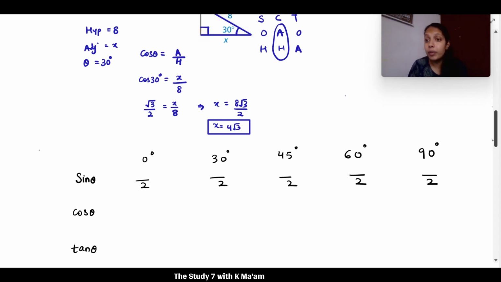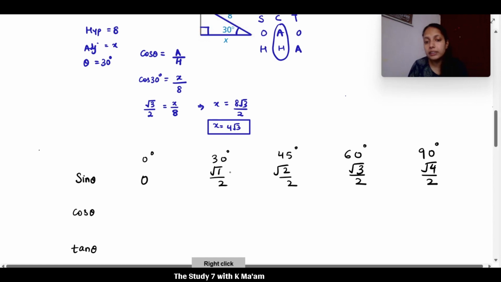And now in the numerator, take the square root of a number from 0. Square root 0, square root 1, square root 2, square root 3, square root 4. Square root 0 by 2 is 0. Square root 1 by 2 is 1 by 2. Square root 2 by 2 is as it is. Square root 3 by 2 as it is.